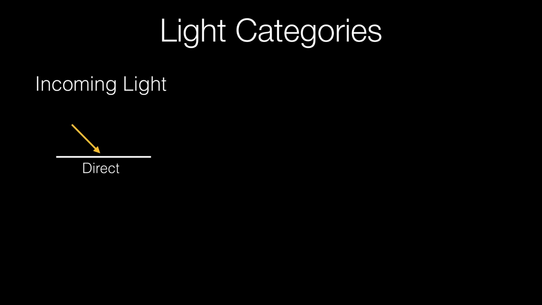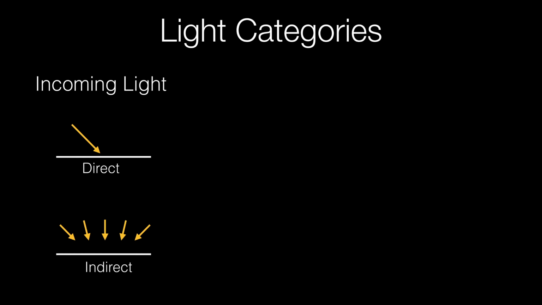So light comes from two types of sources. Direct light sources, where light is shining directly from the source to the surface in a single direction. And indirect sources, where light is bouncing around the environment and coming in from all directions before hitting the surface.